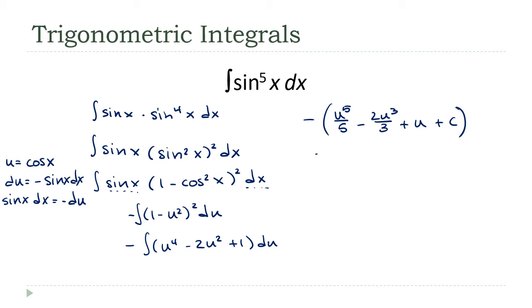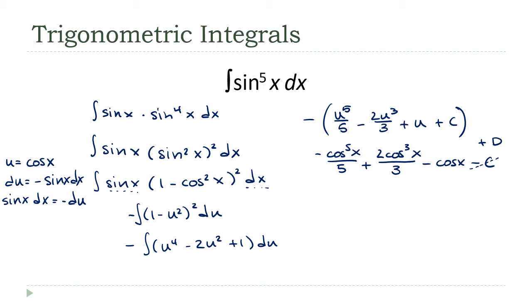So this will be minus cosine to the fifth x over 5 plus 2 cosine to the third x over 3 minus cosine of x minus a constant. And that's my antiderivative. Now sometimes you'll see people, for some reason, not like having a minus in front of the constant, so they might replace this with another constant plus d. Doesn't really matter to me one way or the other. Either way, this is our antiderivative.